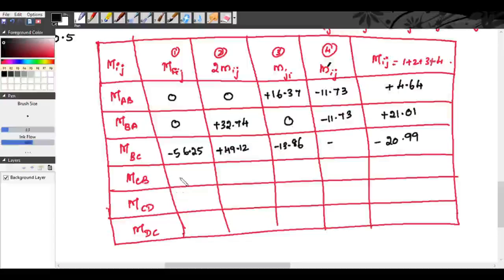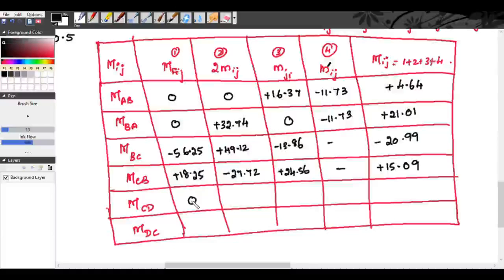For MCB, the fixed end moment is plus 18.25. 2MCB is minus 27.72. MBC is plus 24.56. M dash CB is 0. So we get plus 15.09.